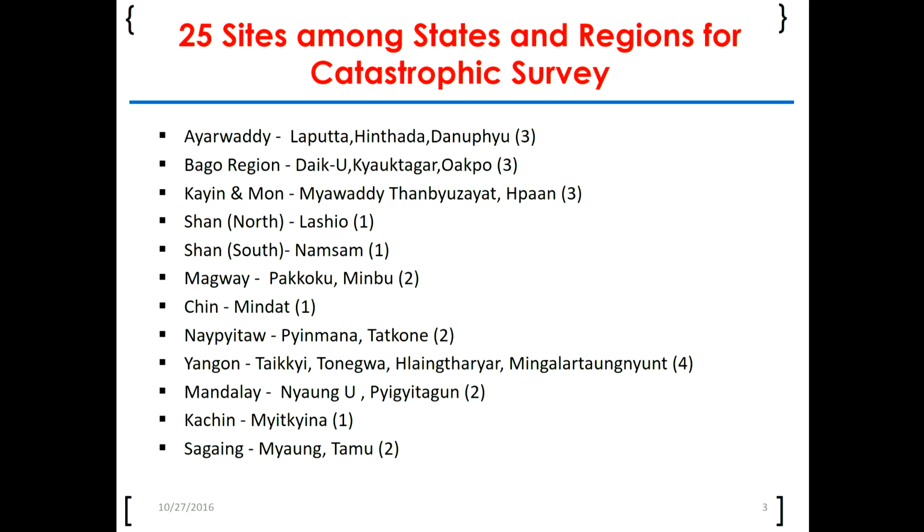So these are the 25 survey sites among the states and regions for the catastrophic cost survey.